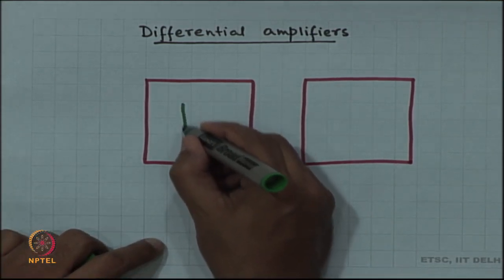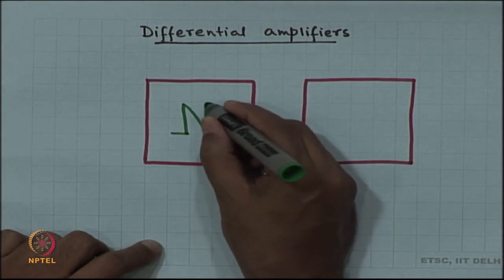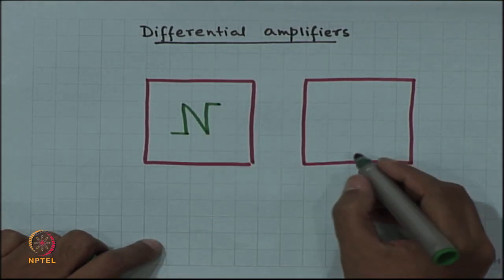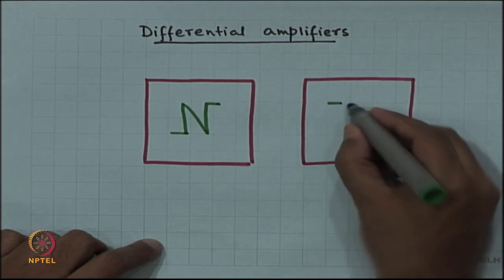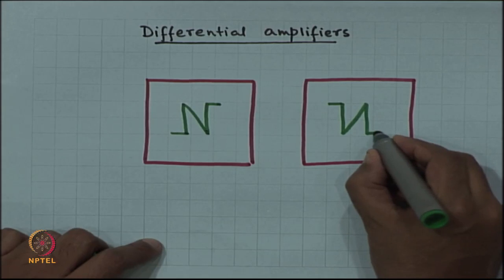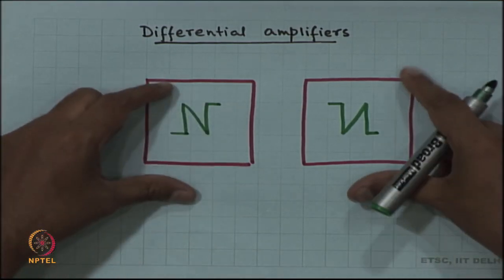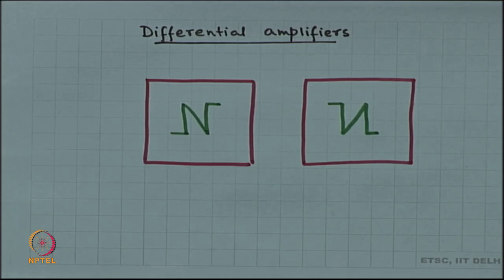Just that, if one is the network N, then the other is the mirror of the network N. They are otherwise identical. These two boxes are identical, but mirror images of each other.